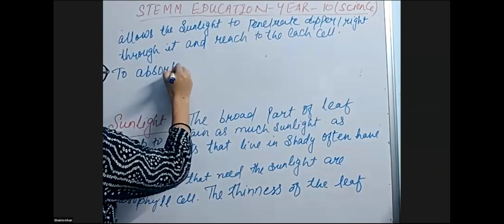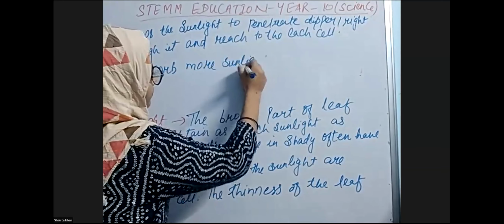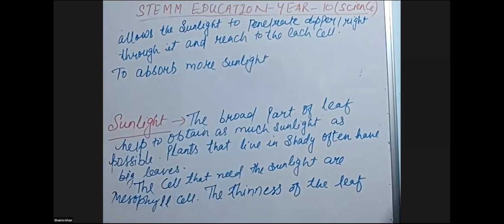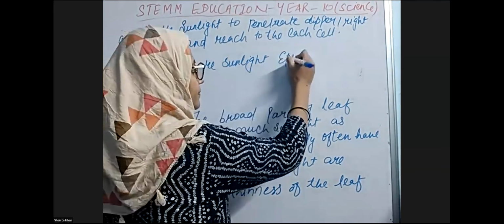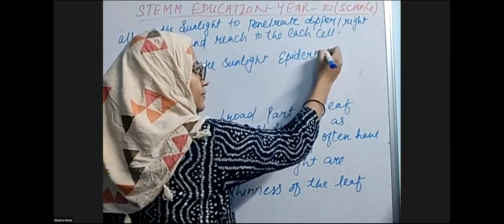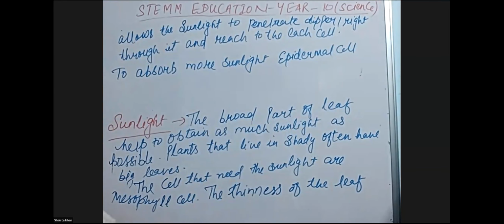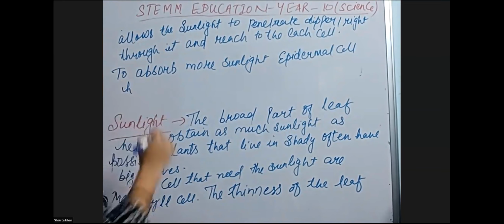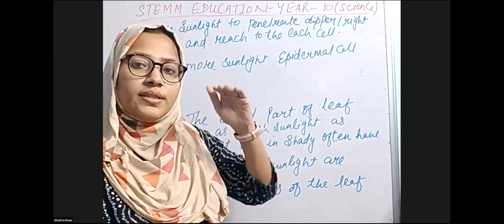epidermal cell has no chloroplast. Epidermal cell, upper epidermis and lower epidermis are present on the leaf.